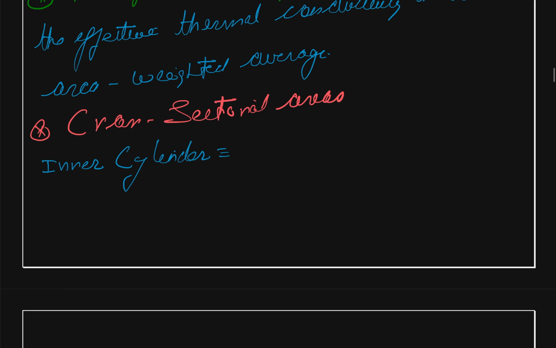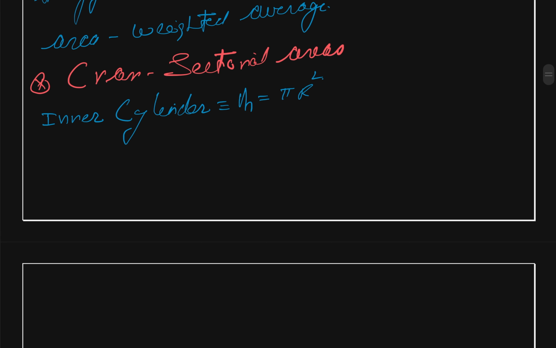That is A1 is equal to pi r square, and for the shell that will be equal to our A2, and we have our pi (2r) square minus pi r square, and that will be coming as 3 pi r square.